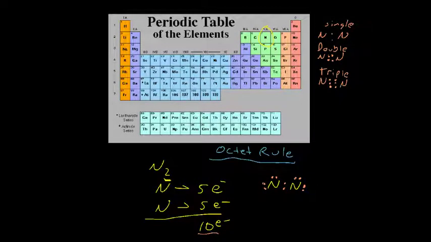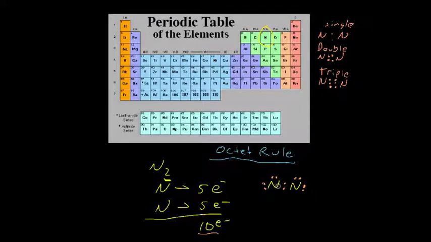Alright, so we've added 2, 4, 6, 8, 10. The rest of our electrons just kind of aimlessly throughout our Lewis dot structure. And we know that because of this octet rule, this nitrogen wants to have 8 valence electrons, and that this nitrogen wants to have 8 valence electrons. So let's kind of take a look here and see if it's worked out.